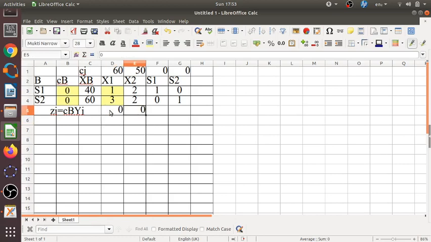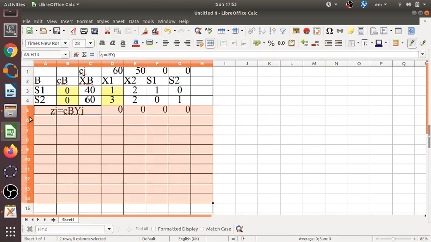Since the cost vector is initially 0, all these entries will be 0. We don't have to calculate it for the first step. Now let us see what the other steps are.